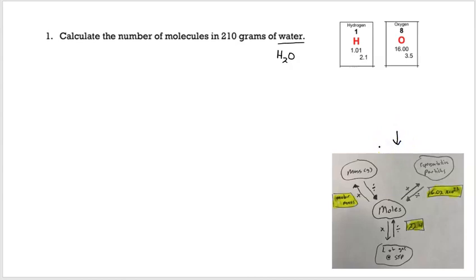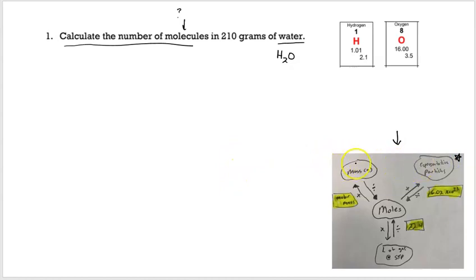This is going to be on every single slide just to help us out. One of the things you need to get good at is recognizing how to navigate this. In this case, it says to calculate the number of molecules. So the molecules are my question mark. That means I want to end up over there at my representative particles.